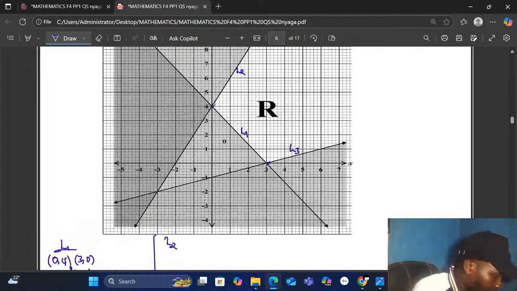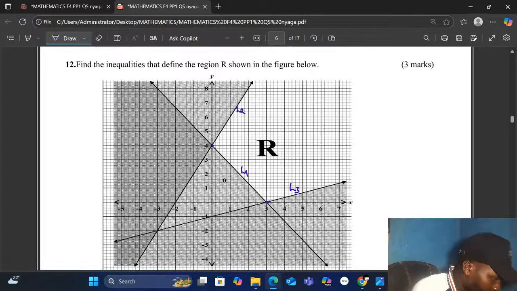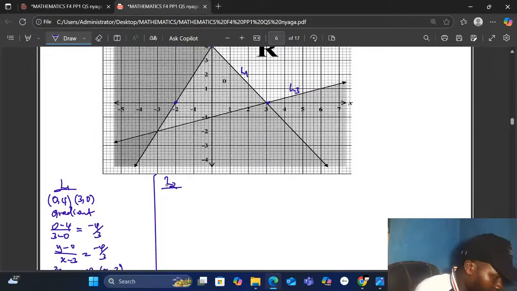So we can take 0, 4, this point, and another point along this line, negative 2, 0. Those are the 2 points for line L2.